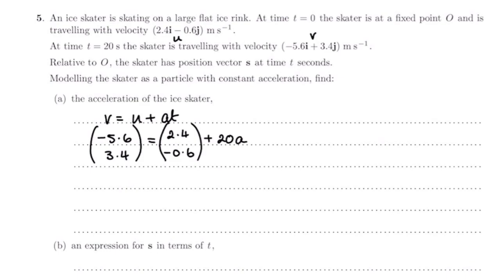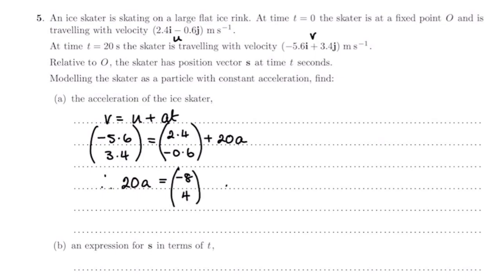If we rearrange that, we get that 20a equals, well, it's going to be -5.6 minus another 2.4, which is -8, and 3.4 plus 0.6 is 4.